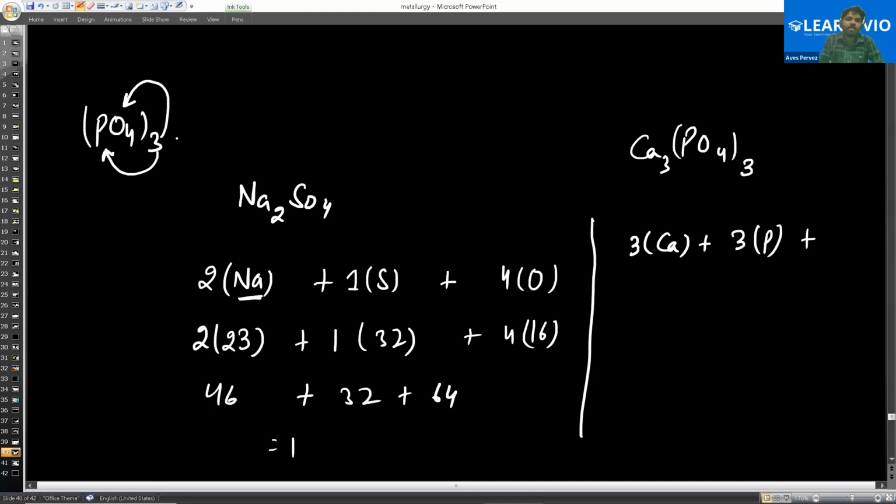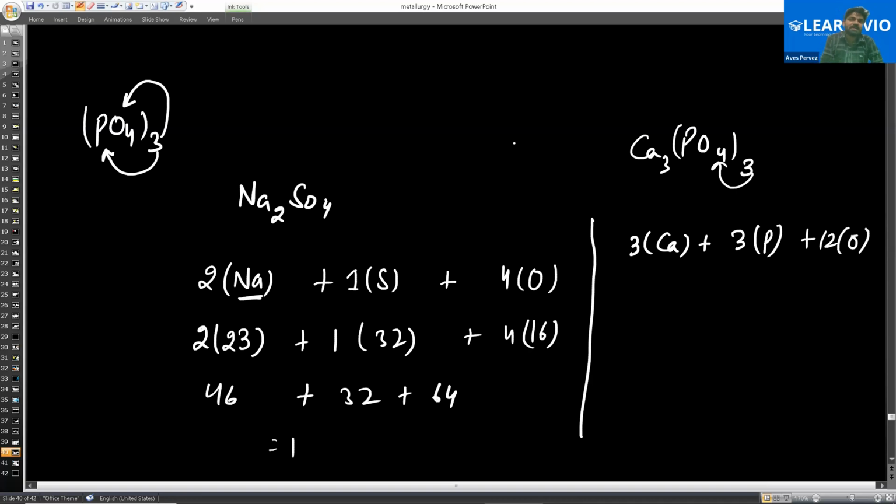How many oxygen atoms will there be? Bharti, how many oxygen atoms are there in this one? We have to multiply. Here it is O4, meaning there are 4 oxygen atoms in a single phosphate ion, and there are 3 such ions. 4 threes are 12, so oxygen atoms are 12.